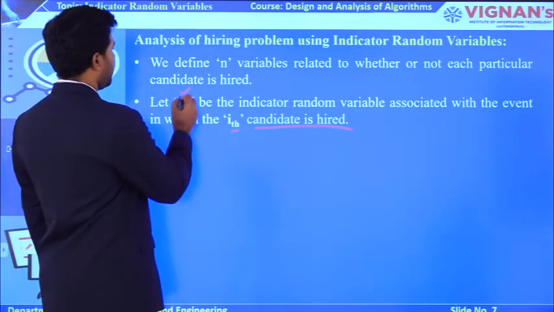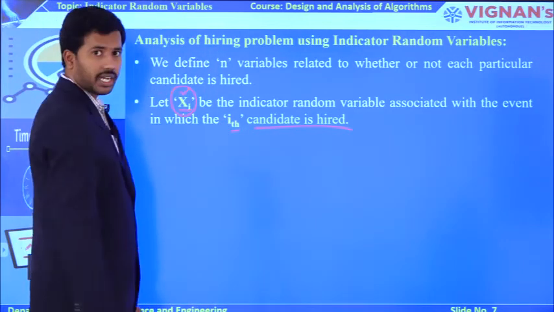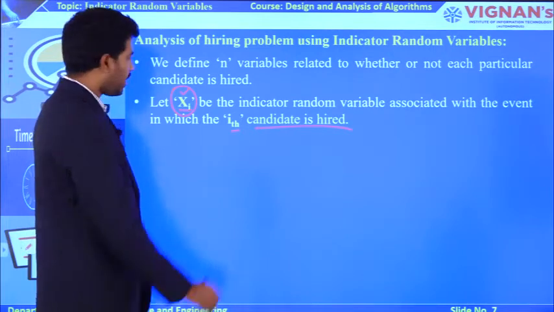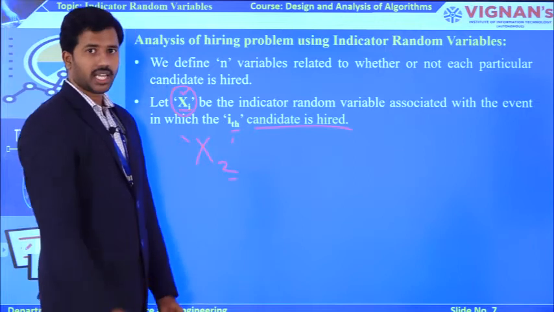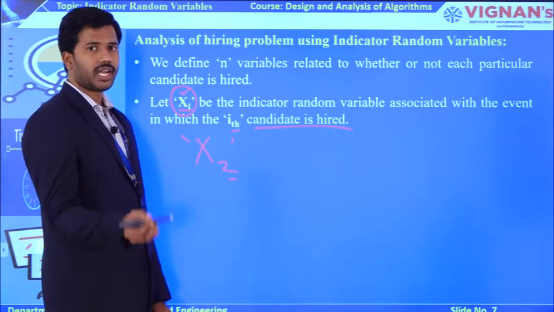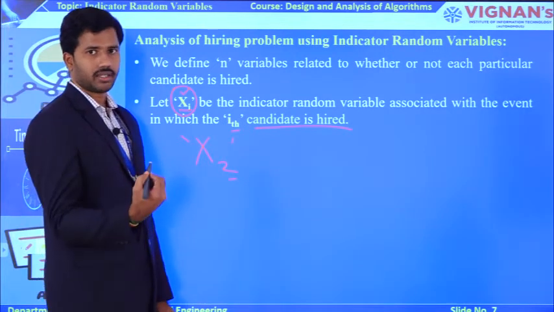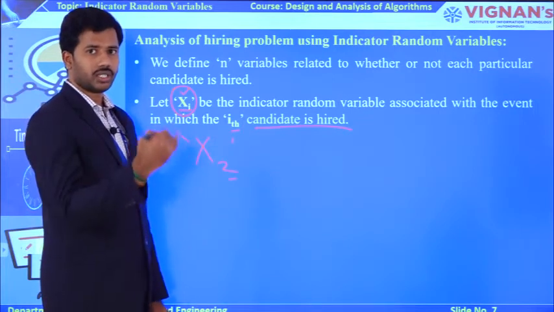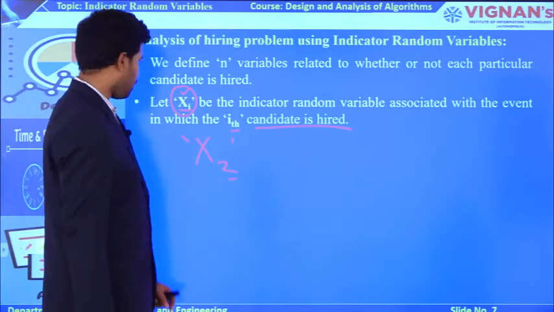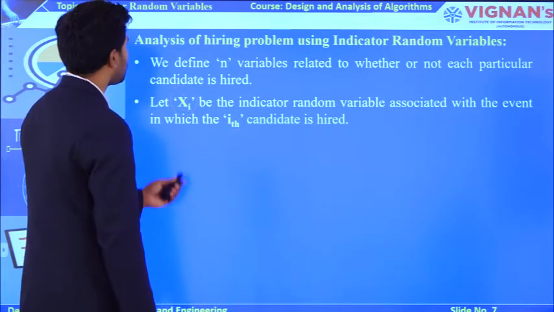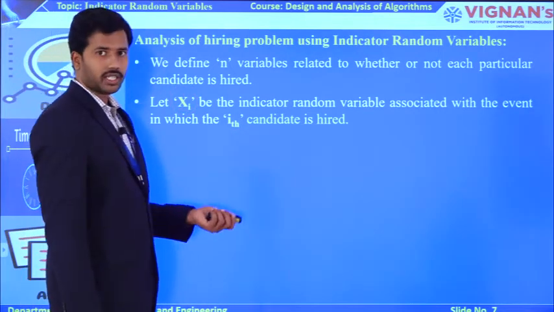So X_1 defines an event to hire candidate 1, X_2 defines to hire candidate 2, and likewise X_3 defines to hire candidate 3, the third candidate you are hiring based on the order of shortlisting, or the order in which you have interviewed the candidates. Okay. So now we try to apply this procedure to your hiring problem to get the time complexity of this one.